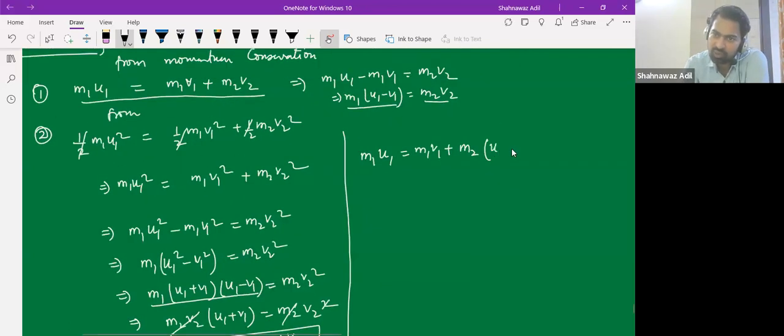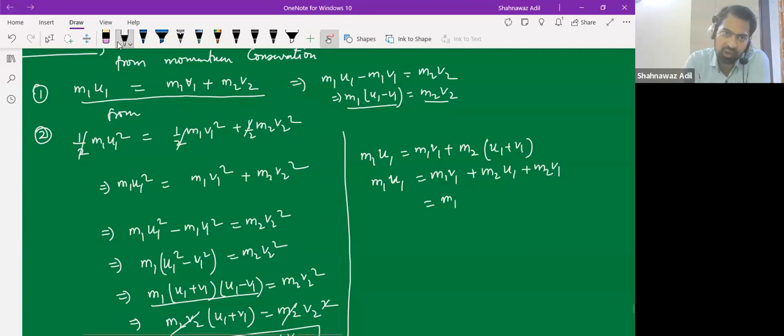So M1 U1 equals M1 V1 plus M2 U1 plus M2 V1. So V1 is common, right?